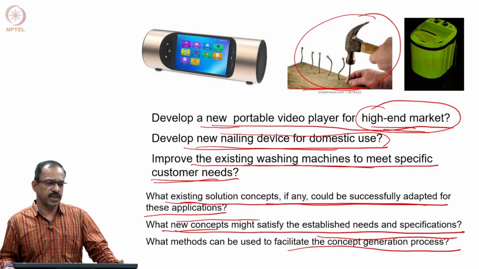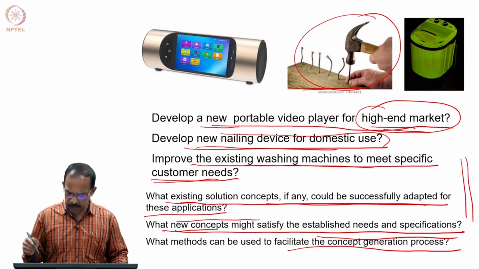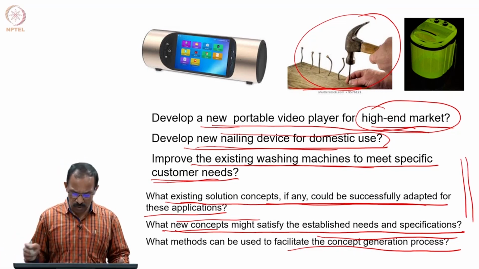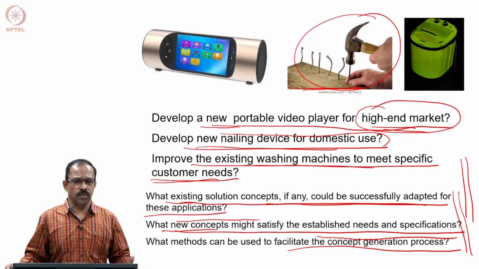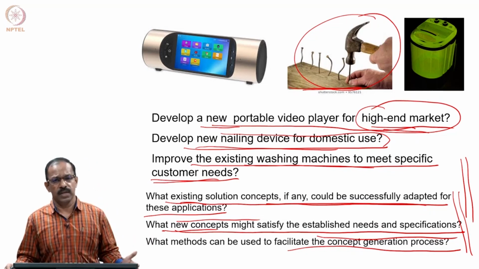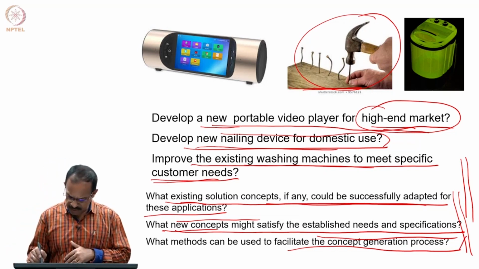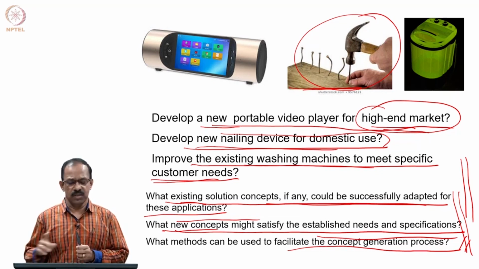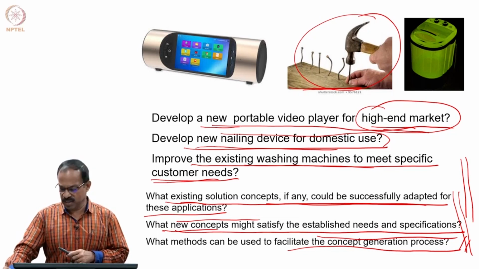So, these are the things we need to look at in concept development, or when you try to develop a new product or new concepts for products. We need to keep these things in mind, and see how we can use or adapt the existing concepts, or what kind of new concepts need to be developed, and how we can generate these concepts in a systematic way. So, these are the things that we will be discussing, or need to be aware of, when we go for concept generation.